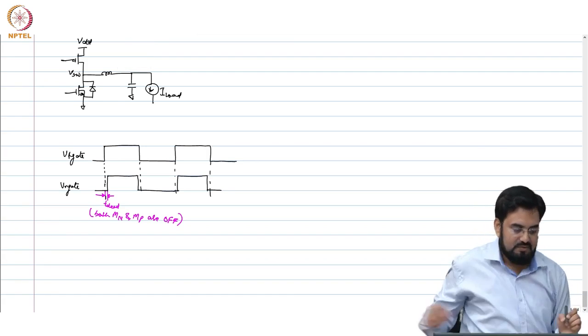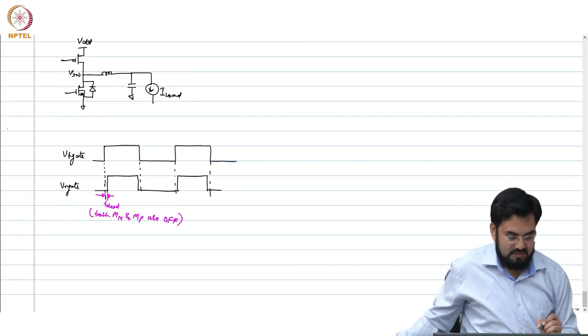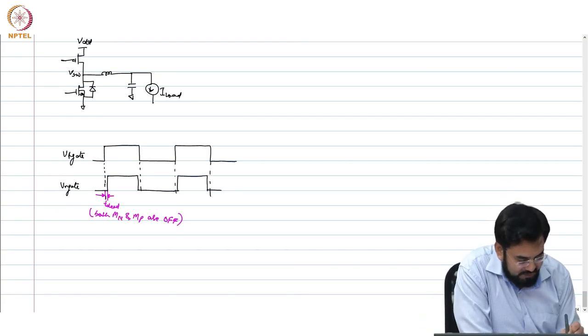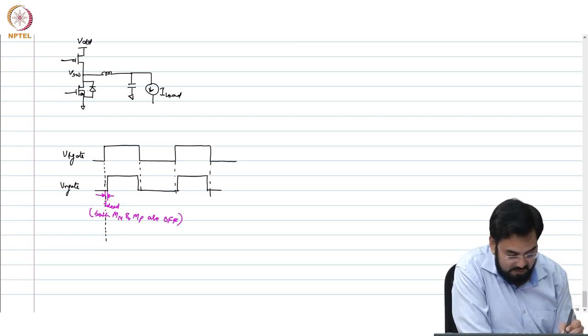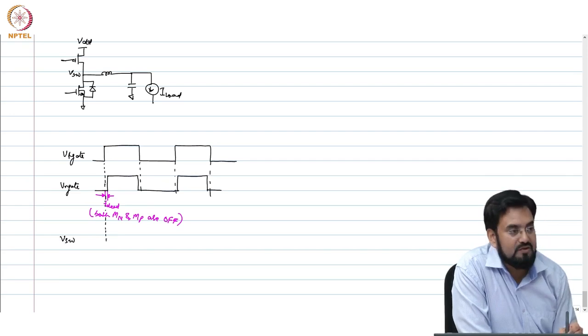So this is VSW. So first let's see what would happen to the VSW. So what would be the VSW at this? So if this is VSW, where will it go?